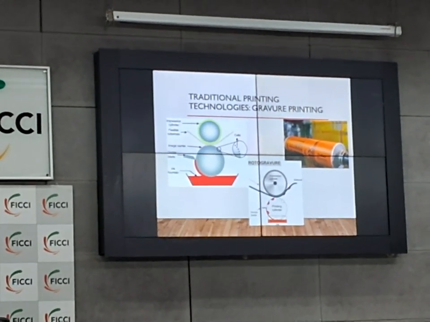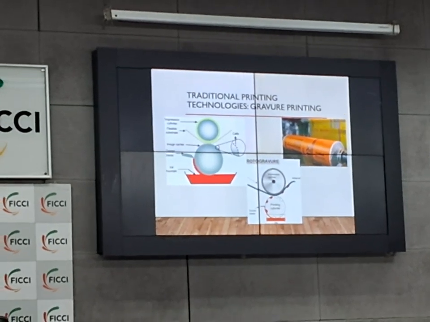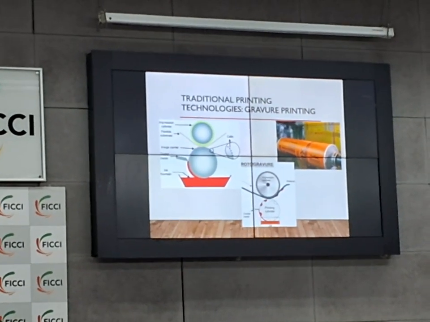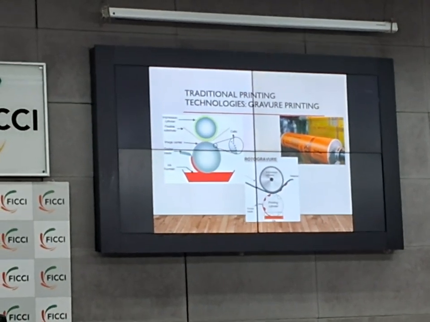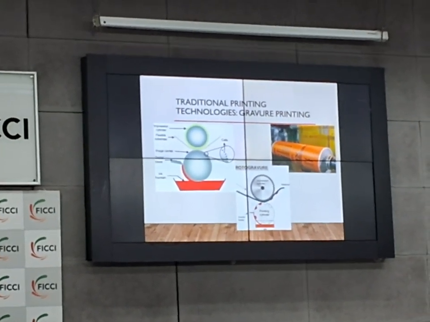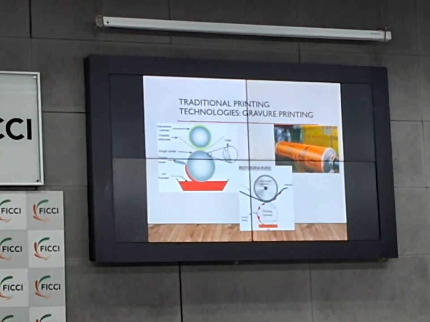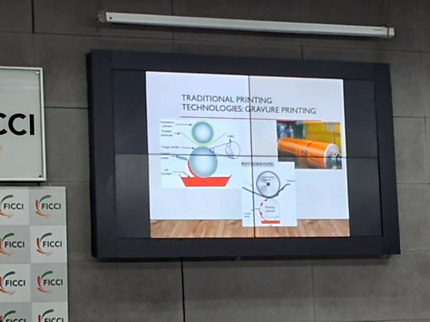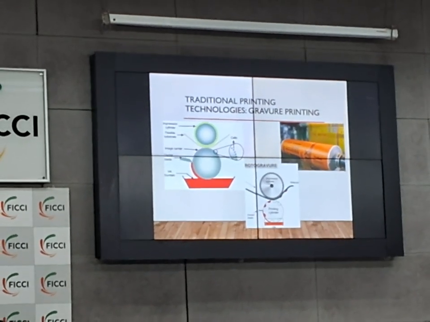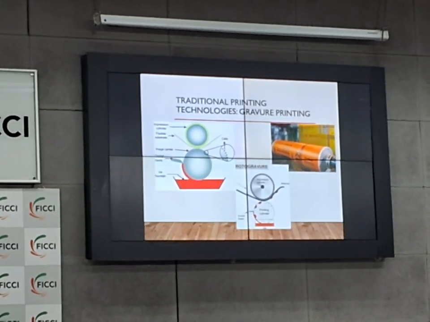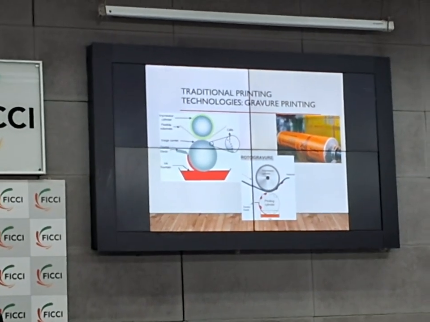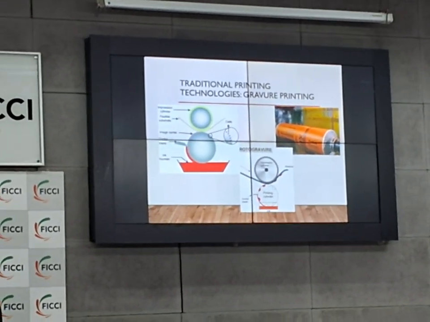This is a copper cylinder where the image is engraved, and this sketch shows the various elements. Ink is applied directly to the gravure cylinder from the ink duct, and it uses liquid ink for printing. Next.